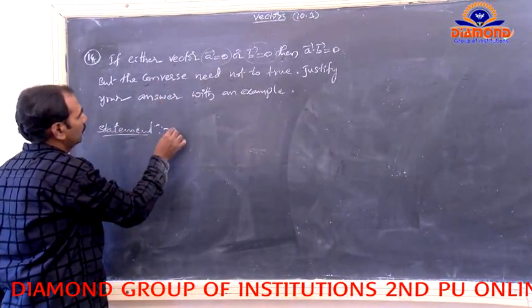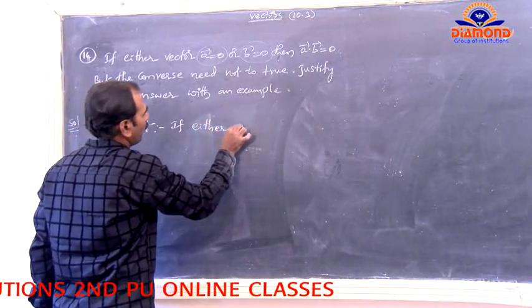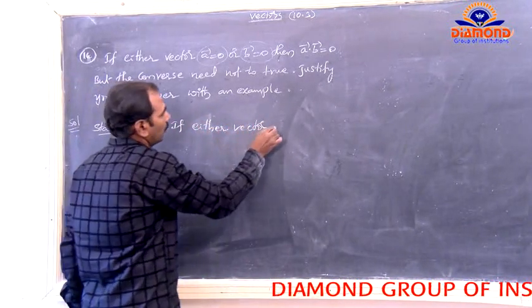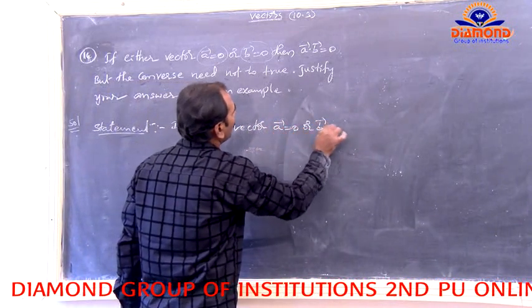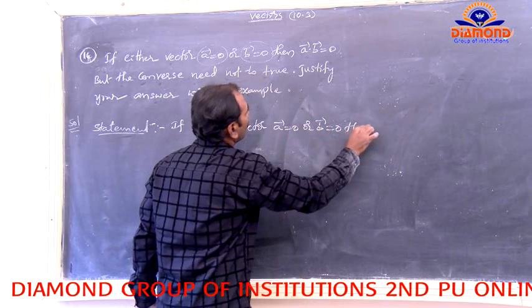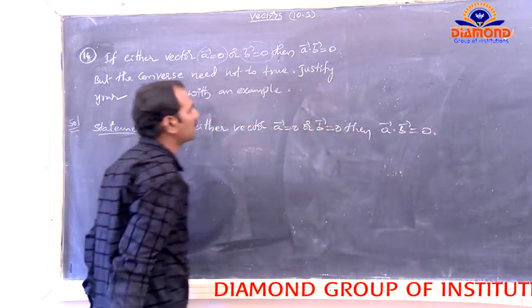Statement: if either vector A bar equals 0 or B bar equals 0, then A bar dot B bar equals 0. This is the condition.